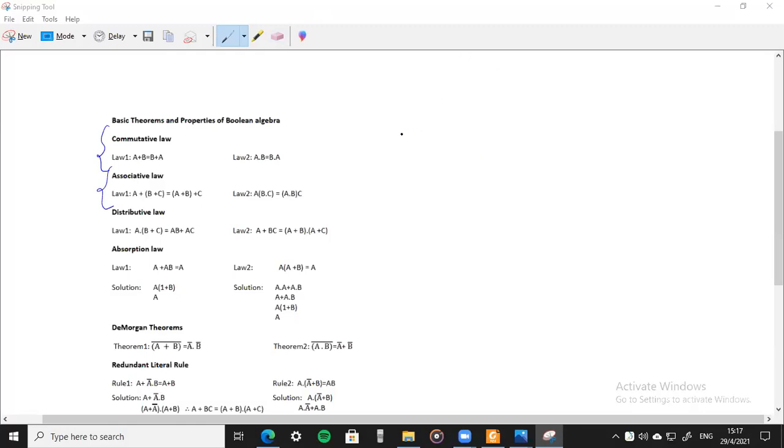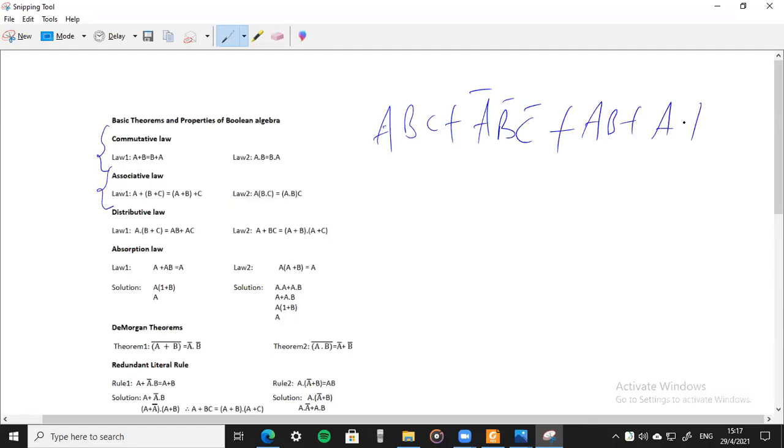I'm saying you can have a circuit like ABC plus A naught B naught C naught plus AB plus A plus C plus AB naught, and it goes on like this. Many operators. We have an AND operator here. We have an OR operator here, a plus. We have a NOT operator here. We have another NOT.